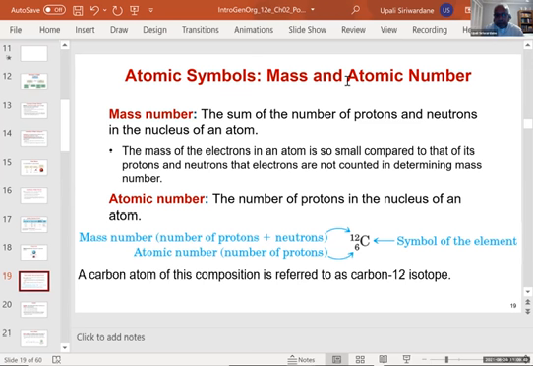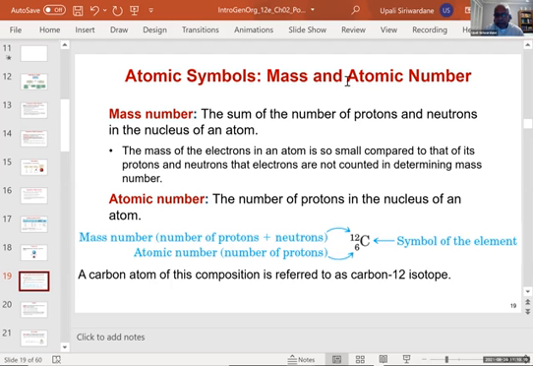In written form, this symbol is called carbon 12. We write the name of the element and the mass number, carbon 12. It's an isotope. Carbon also has carbon 13, where the atomic number is the same.